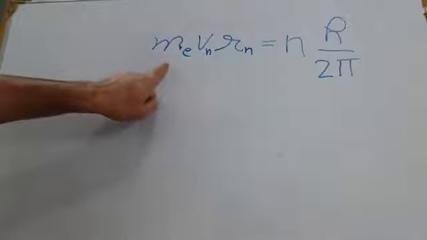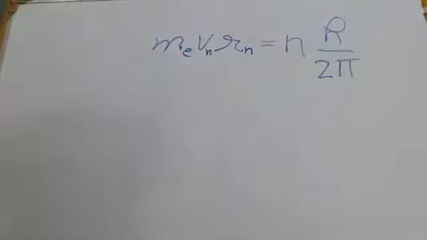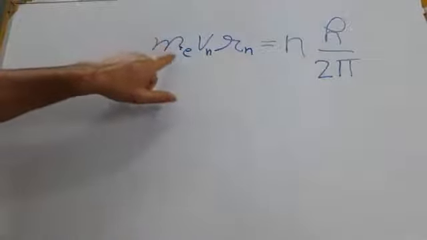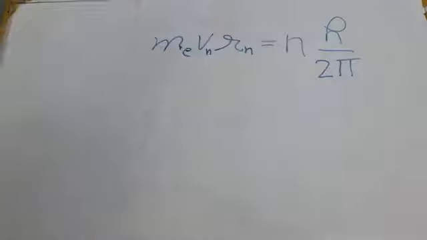It was the genius of Bohr that he could find this relation between the momentum of the electron and Planck's constant.